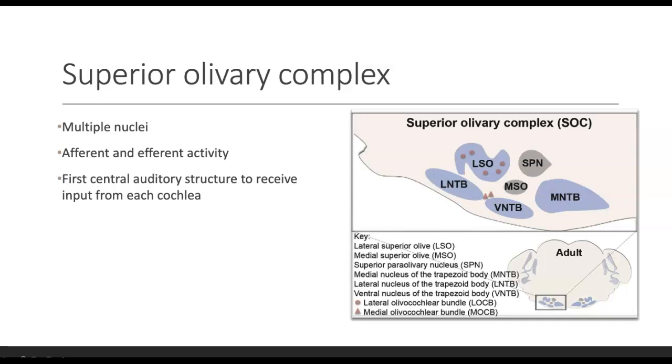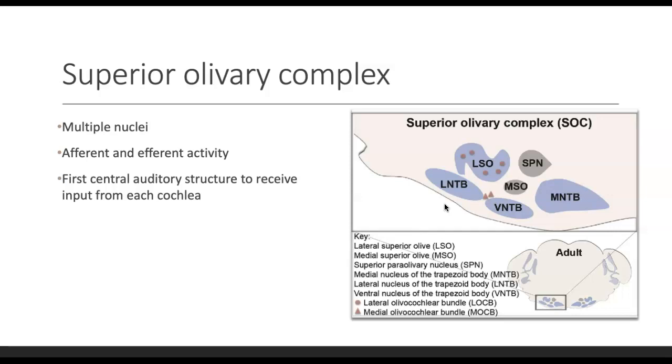Now the superior olivary complex, it's called a complex because there are all these different components of the SOC, but let's just refer to it as the SOC, okay? They have both afferent, meaning towards the brain, and efferent activity, meaning from higher level structures downward.